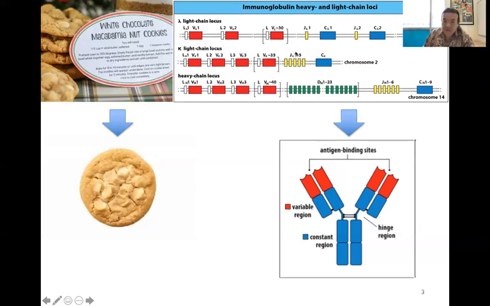But their choices of different things that go into their recipe is what's going to result in slight variations of the finished product. Right, the prize-winning cookie, and maybe the second or third place runner-up as well. So that's what we're talking about here. Different pieces of information come together to make slight variations of the antigen binding sites in the immunoglobulin.